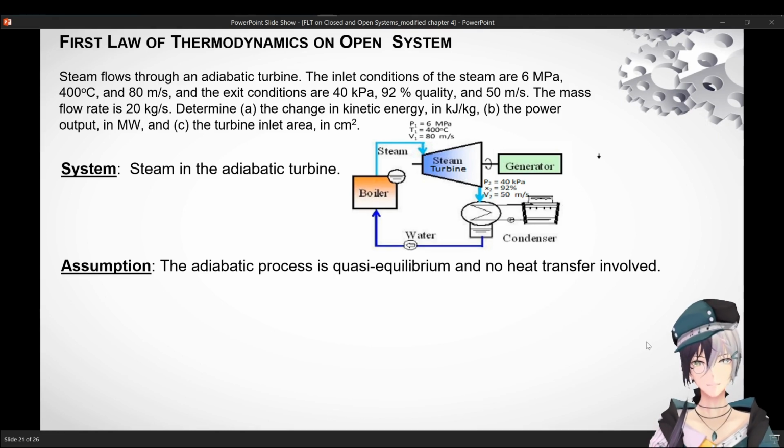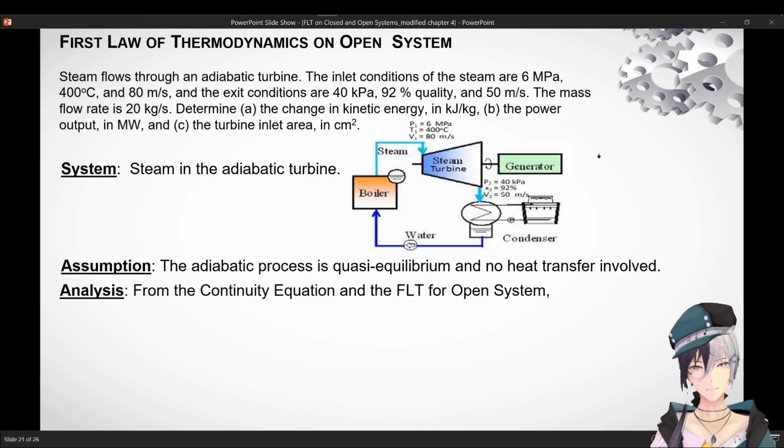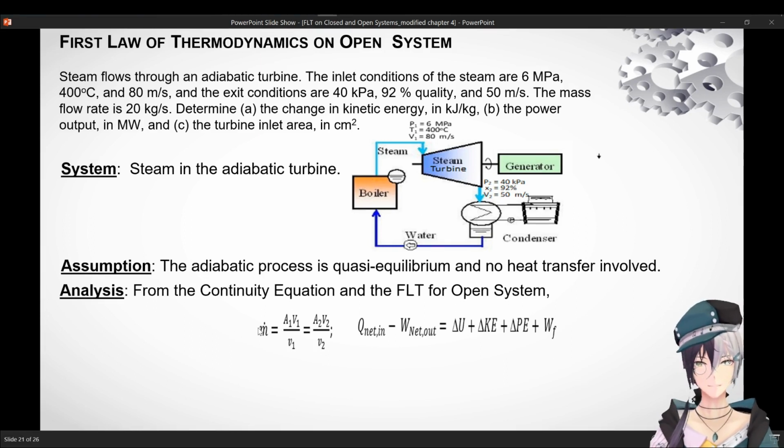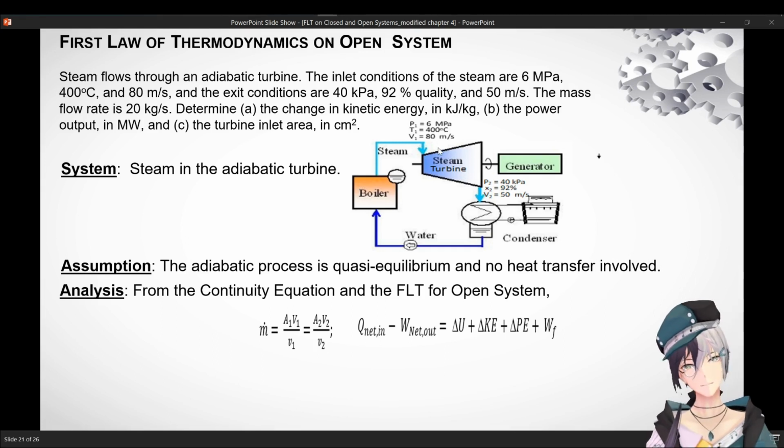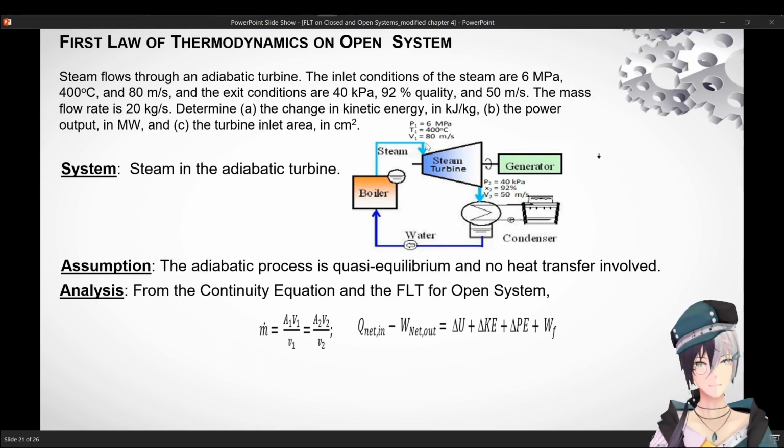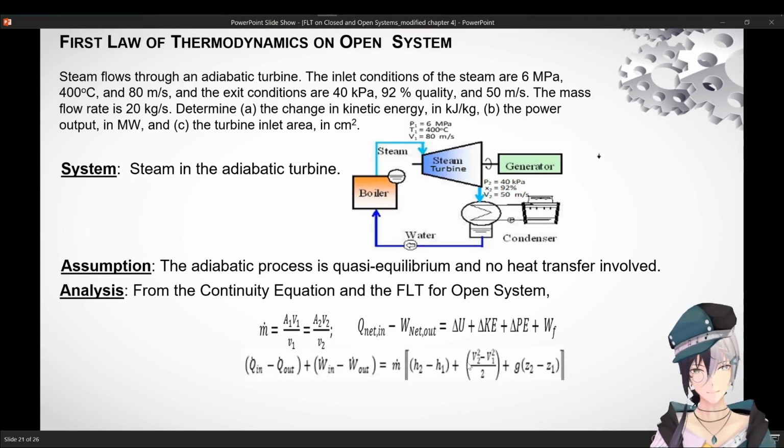As I've said, it is adiabatic, so no heat transfer is involved going in and out of the system. We will utilize the continuity equation, and of course, since steam is going in and out, that is an open system. These are the equations that we will be using.